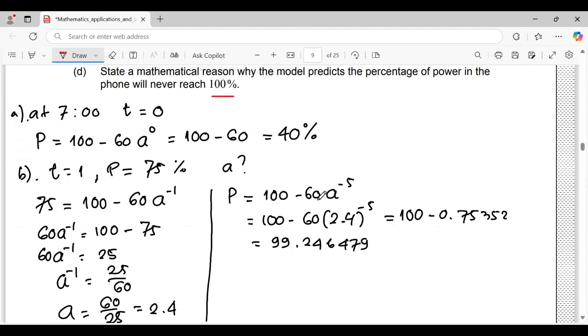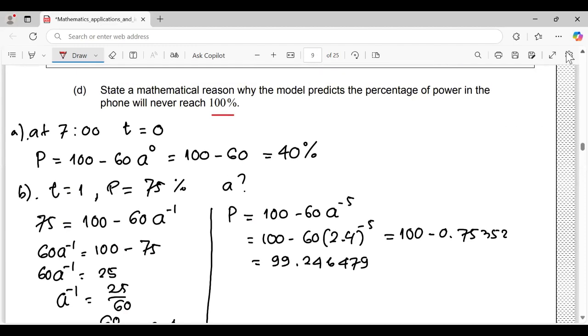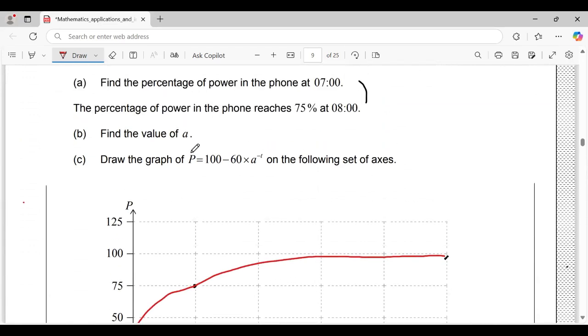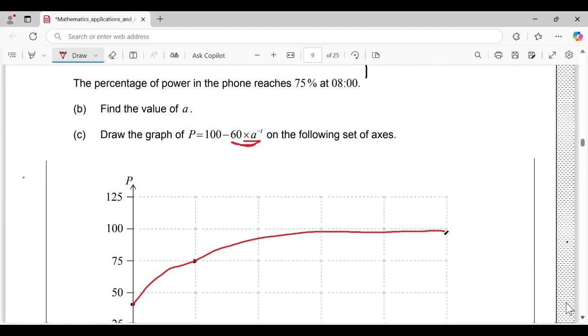Because this term in the formula, this term never becomes zero.